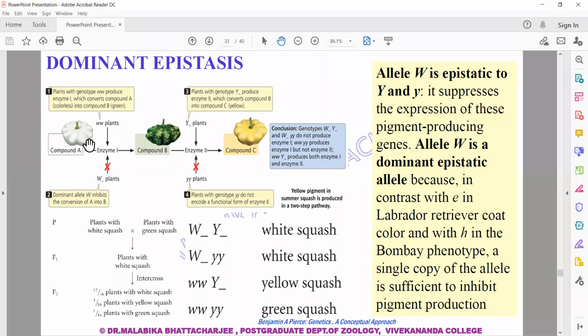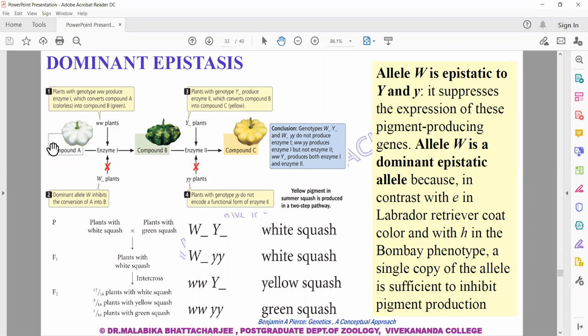So this is a pathway by which color is generated. Compound A is converted to compound B, which gives a green color, and compound B is converted to compound C, which gives the yellow color.